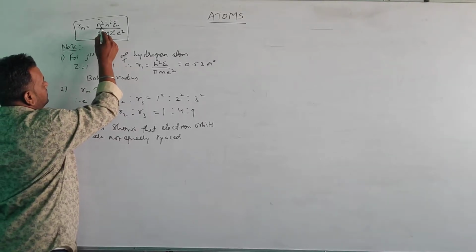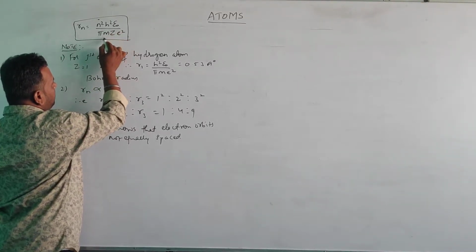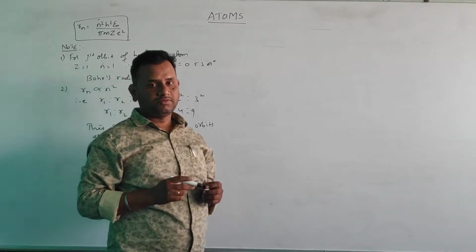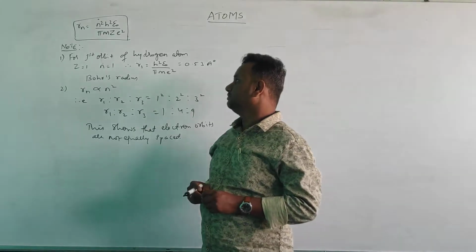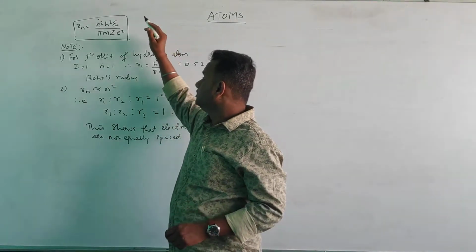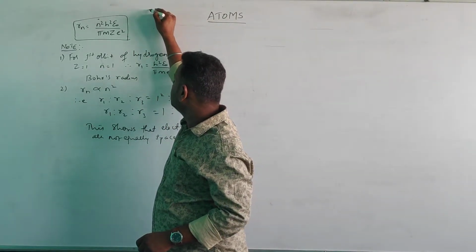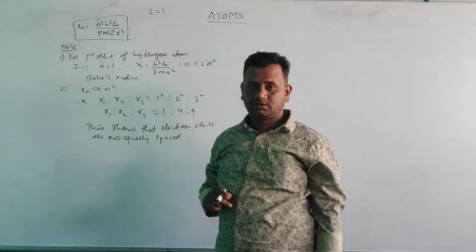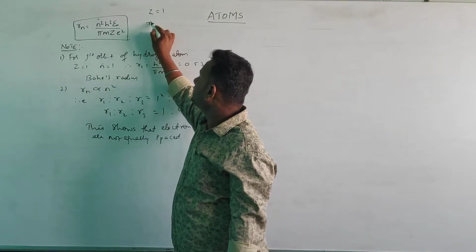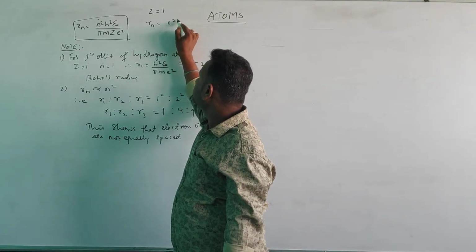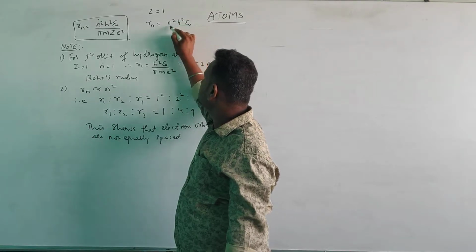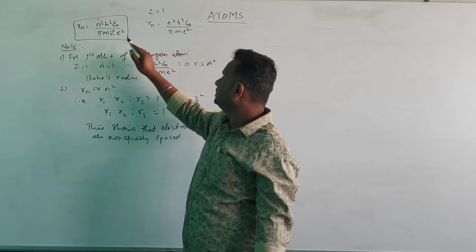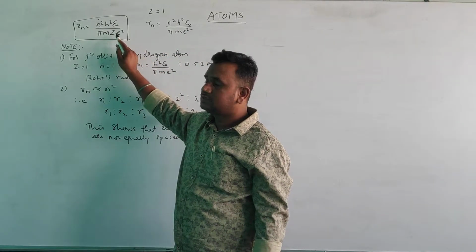Rn is equal to n square h square epsilon naught divided by pi m e square Z square, which is in the general form. We have already derived this expression. For the hydrogen atom, the atomic number Z is 1.